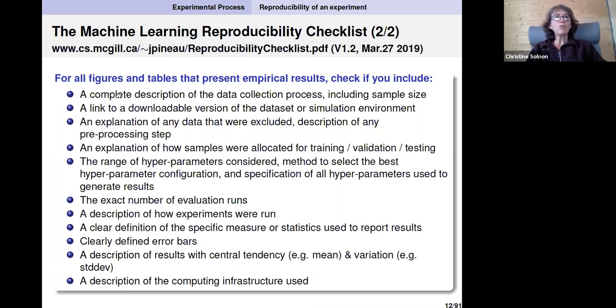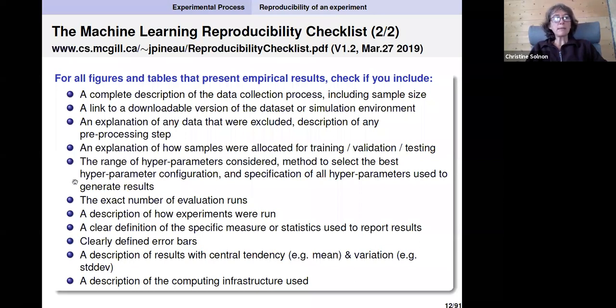Of course you must completely describe the benchmark you have considered, and how you collected this benchmark. And we must be able to download this benchmark and also the environment used to generate the benchmark. You must explain why you have excluded some instances. And this point is very specific to machine learning: we usually don't have training, validation and testing samples.